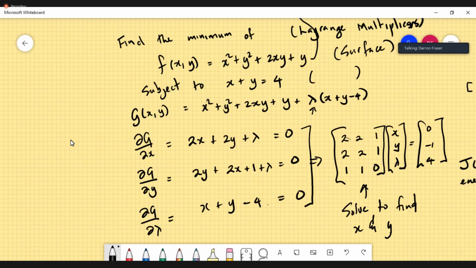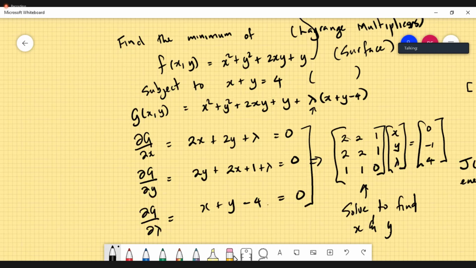And that would give you the value of x and y, the minimum point on that function. And that is called Lagrange multipliers. So, like I said, we're not interested in solving this. We're just showing you what is done to minimize a function.